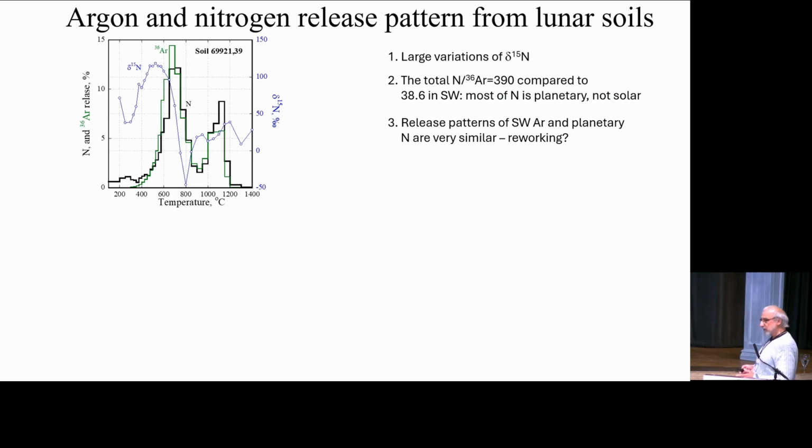One idea was reworking and transformation of lunar soils during maturation and agglomerate formation, so that information about the original sites where these different components are located is erased. It is a sort of homogenization. However, from nitrogen variation, as I said, we cannot see any sort of homogenization. So we need something else to explain this.